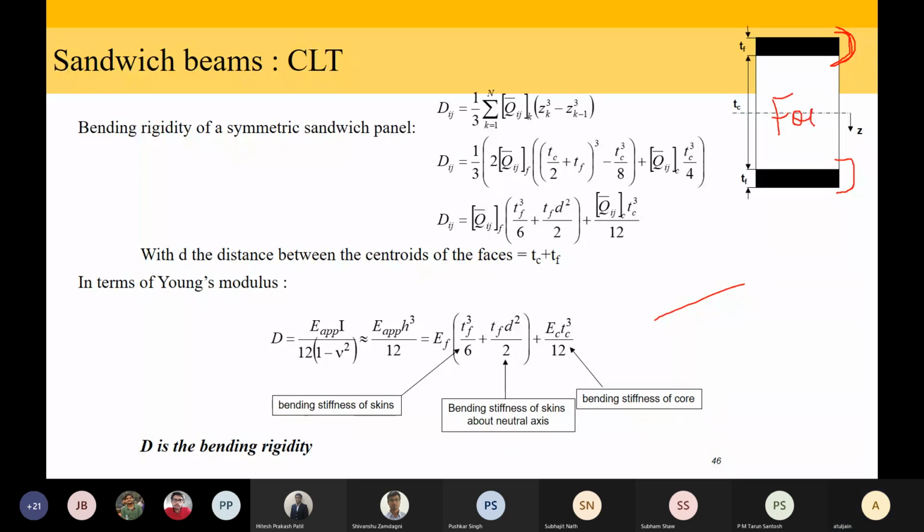As an exercise, can you calculate the D matrix for this laminate sequence? Let's say this is TC, this is TF, this is my central line.